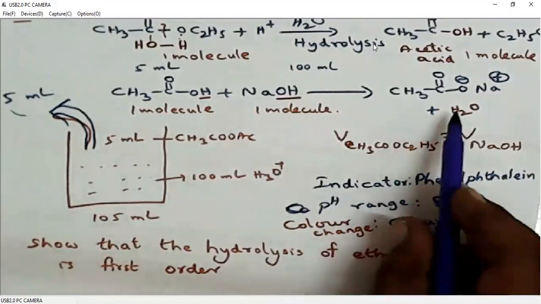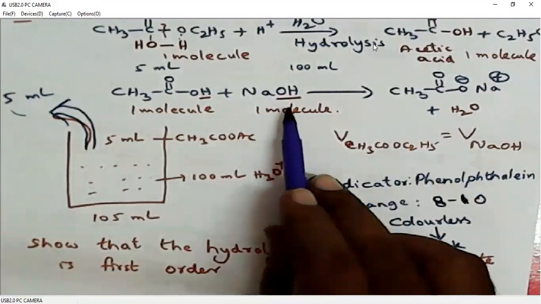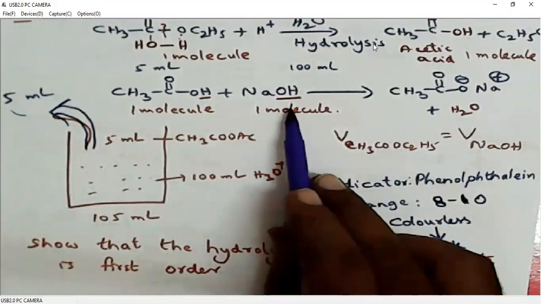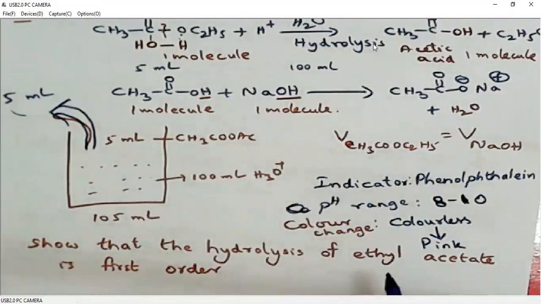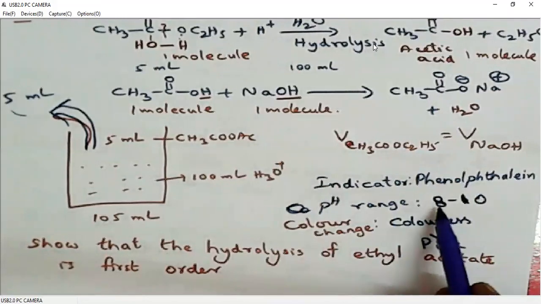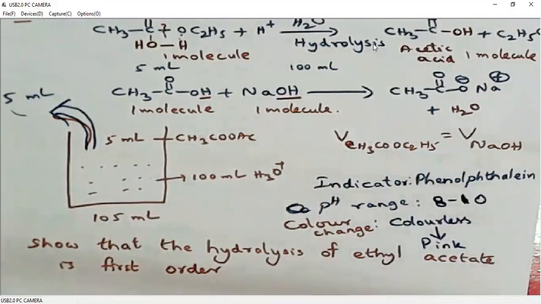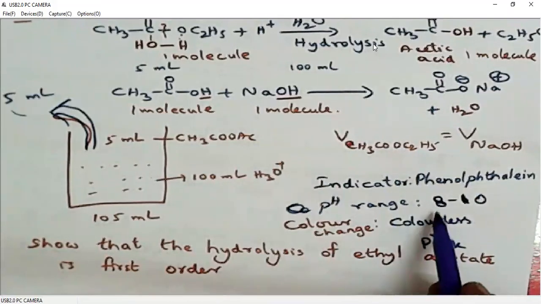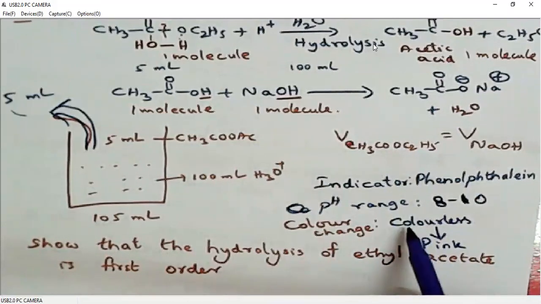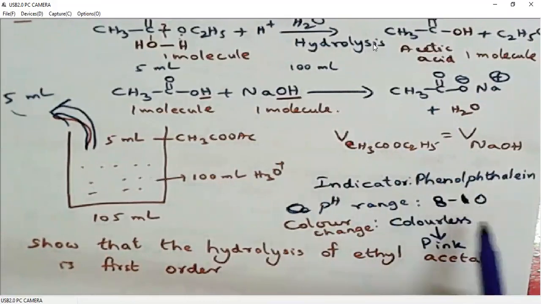After the end point, immediately with the addition of excess NaOH, the pH becomes around 10. So that is why we need to use a pH indicator which works around 8 to 10. Below pH 8, phenolphthalein gives colorless. Above 8, from 8 to 10, in the basic medium, it is a pink color indicator.